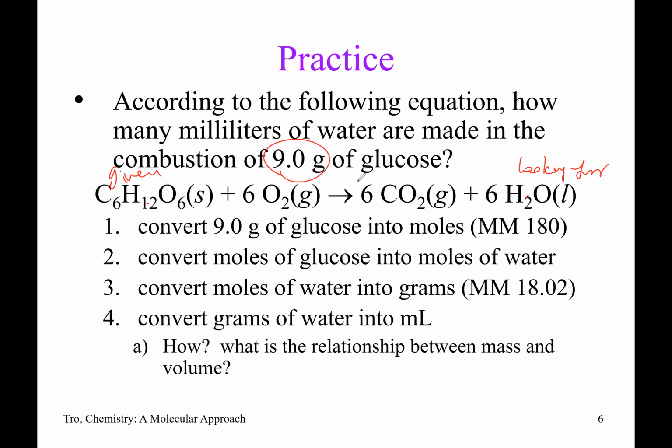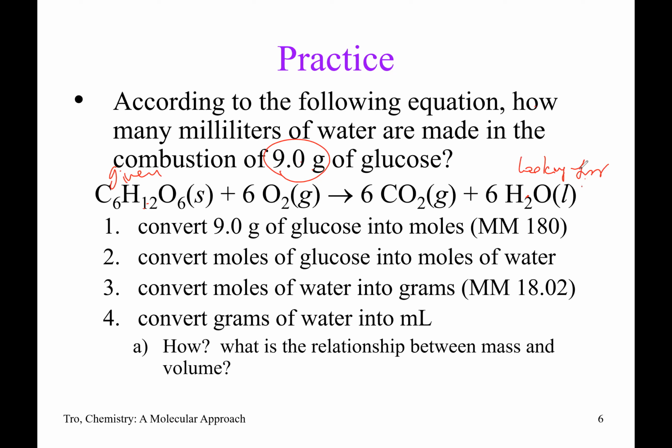We want to change the mass of given to moles of given. When we have the moles of given, we want to use the balanced equation and convert that to moles of looking for. When we have the moles of looking for, then we answer the question. Can you write these 3 or 4 steps? First, have a balanced equation.